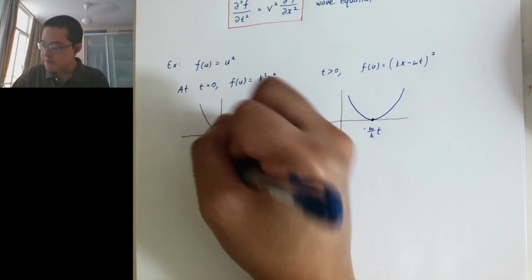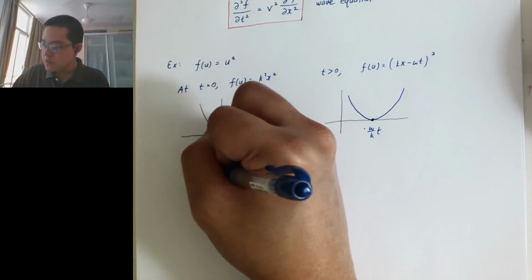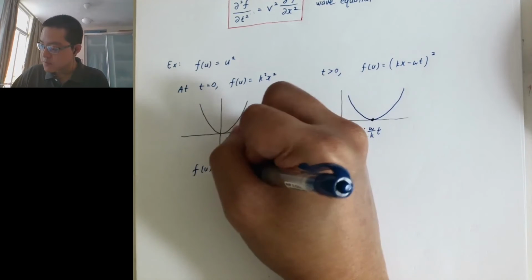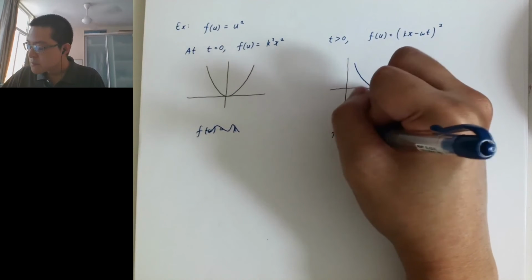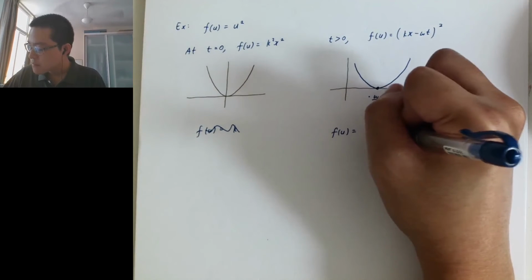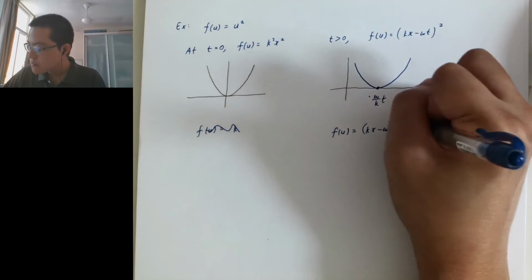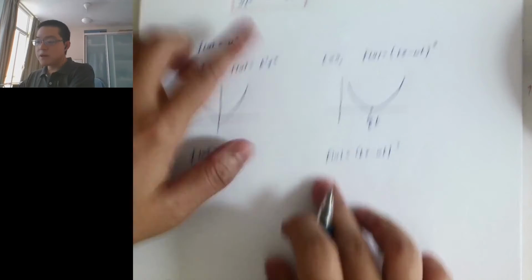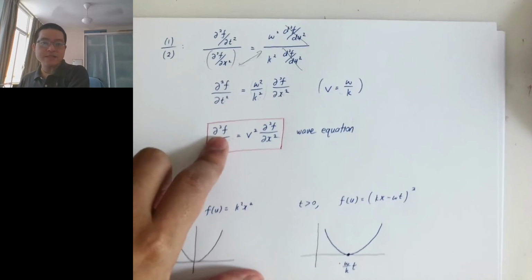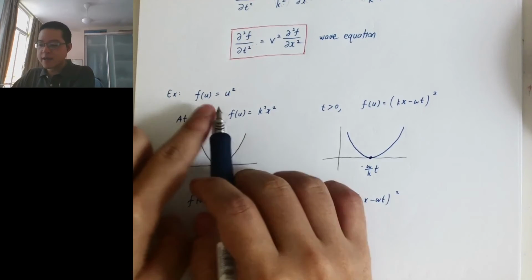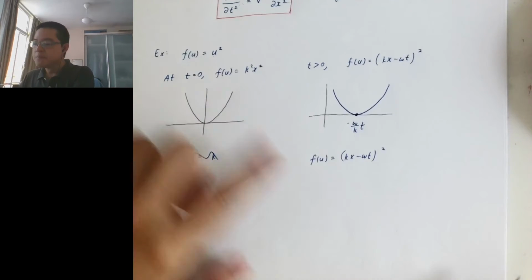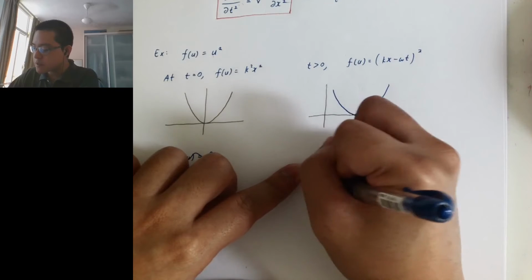So my u is equal to kx minus omega t. When I was deriving this, f could be any function. Now I do this specific case where the function is just square. So let's differentiate f with respect to t.